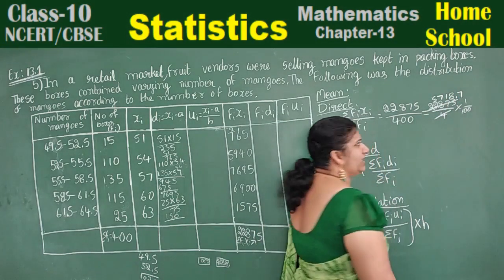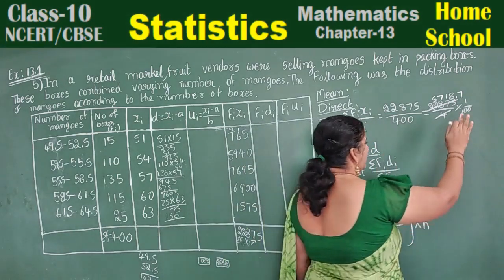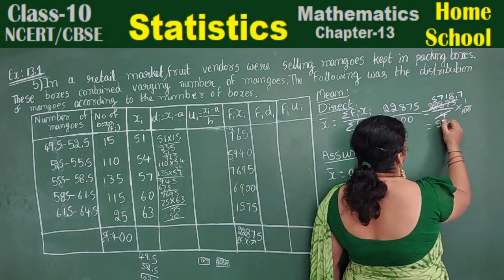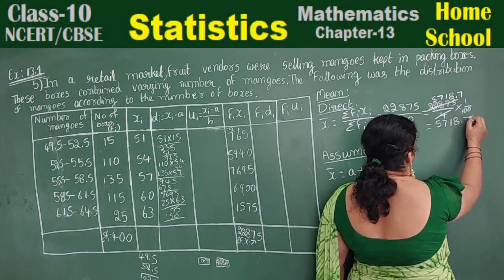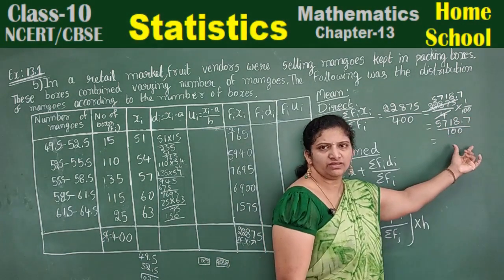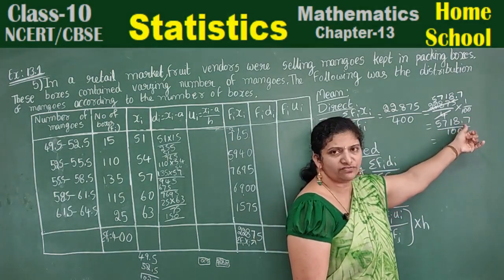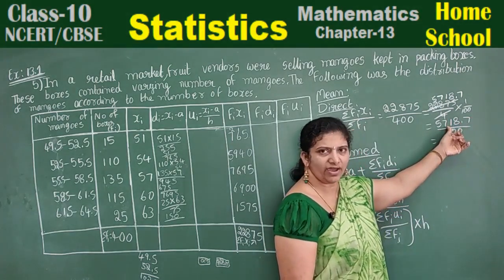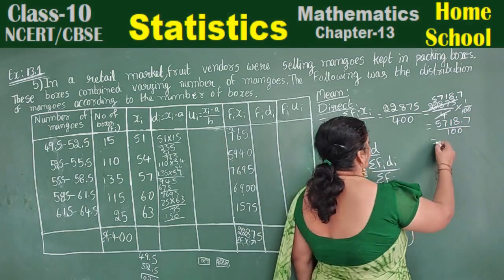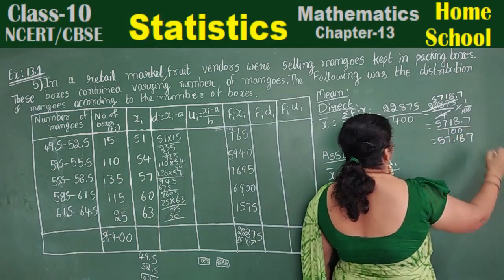Like this it continues. After the decimal, no need for us. Let's stop there. Now we get 5718.7 by 100. Divide this by 100. When you are dividing, the decimal point is shifted 2 places to this side. Why? 2 zeros are there. That is 57.187.